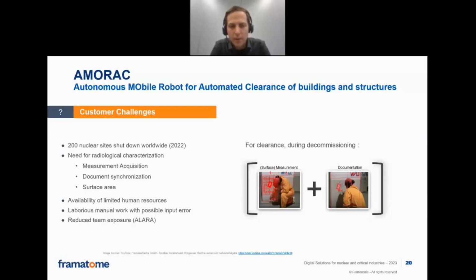It's the so-called clearance measurement, where you see an operator holding a measurement device, a so-called contamination monitor, for several seconds.